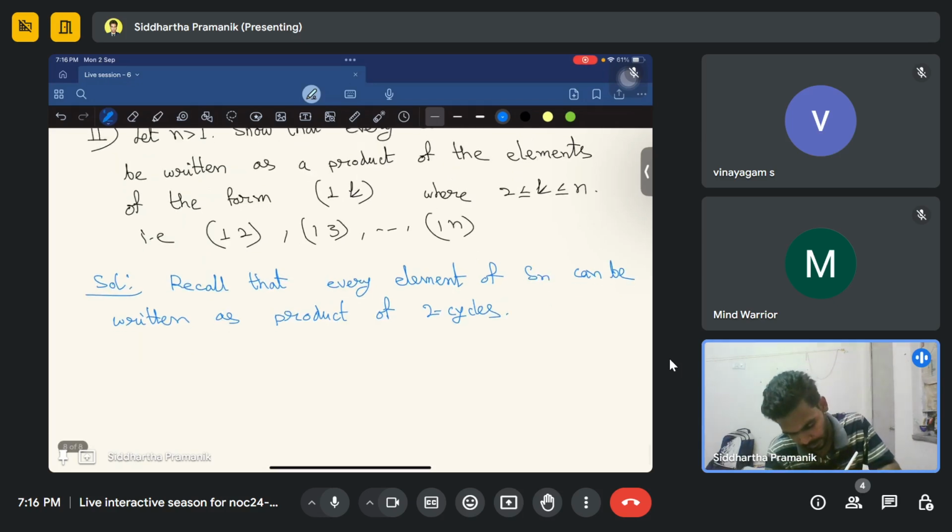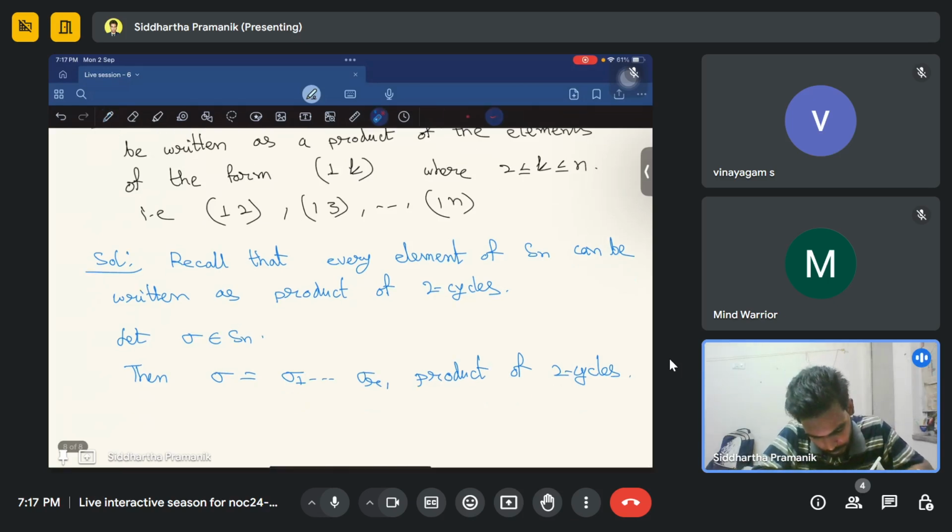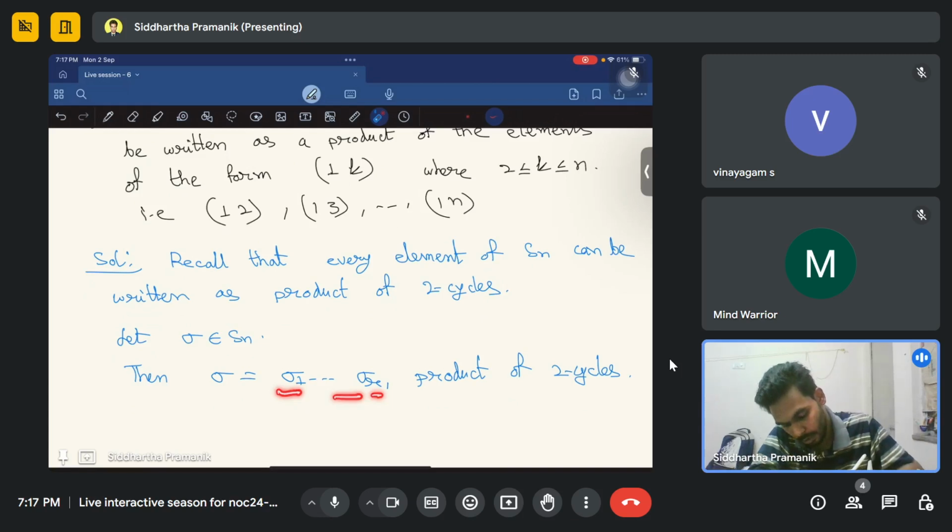So let's take an arbitrary element sigma from Sn. Then sigma is a product of two cycles, let's say sigma 1 up to sigma r. If we can prove that each of these two cycles, sigma 1 up to sigma r, can be written as a product of this type of elements, then we are done, right?